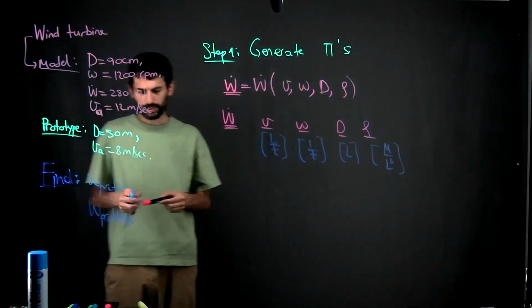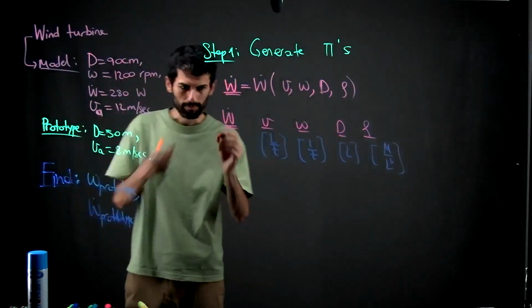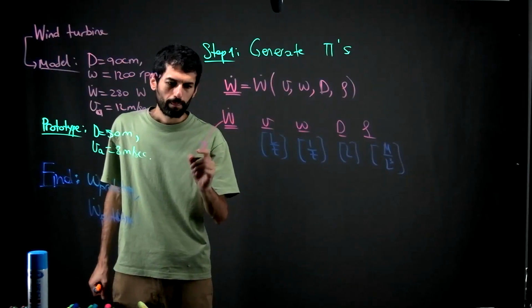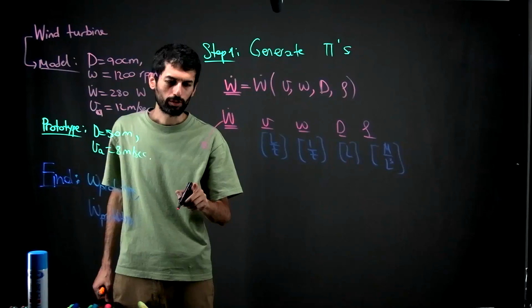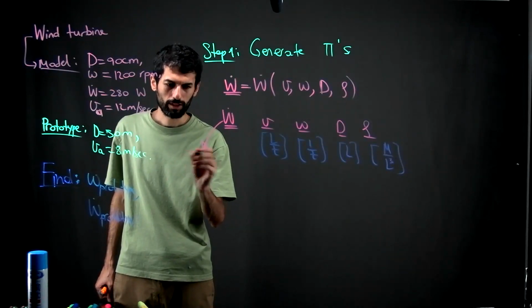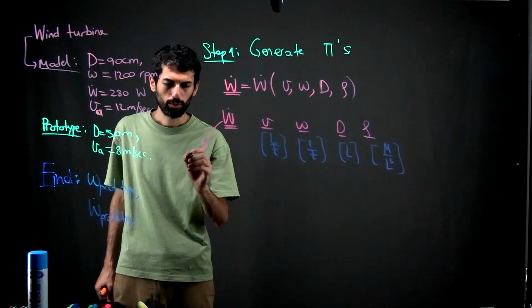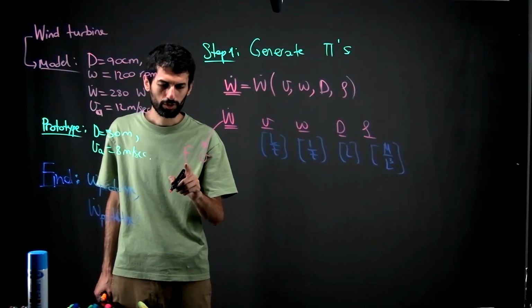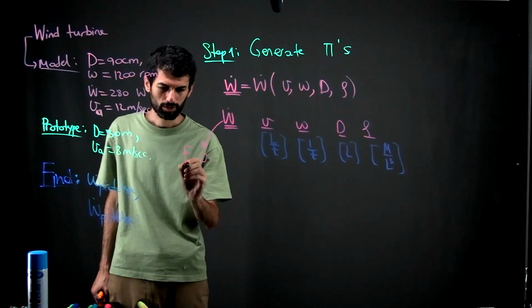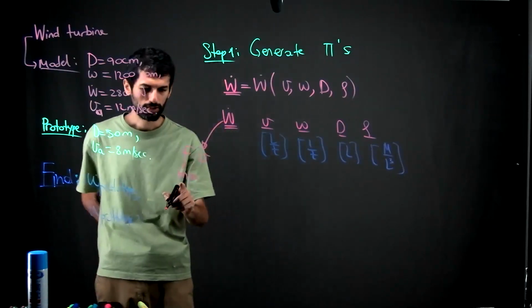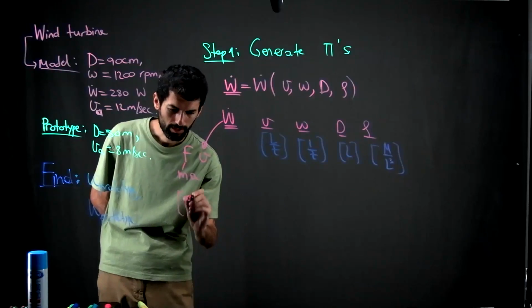And then finally, the power. You can find the power by using energy per time, or force into velocity. Both are okay. So force into velocity. Force is mass into acceleration, so this one is mass into acceleration, and then you have the velocity. So you will have the mass.